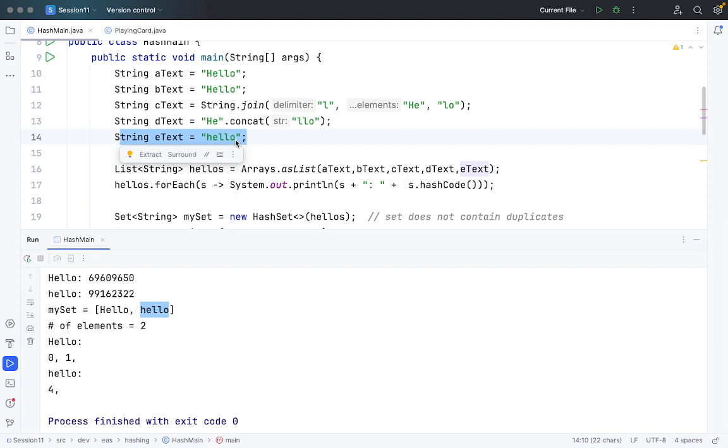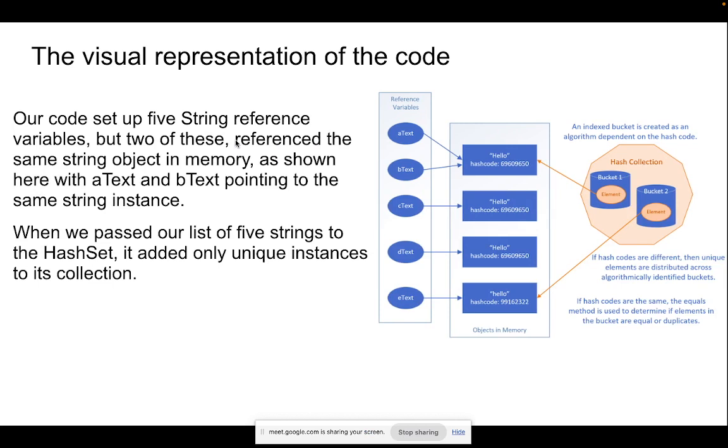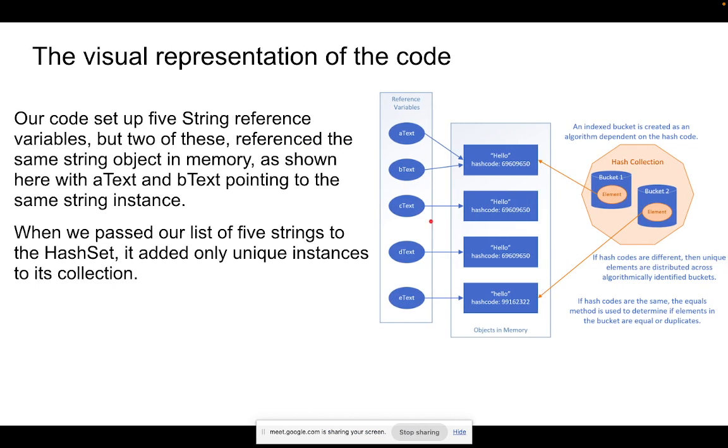So why is this happening? Let me go through this visual representation. This is the hellos list that we have here. It has A text, B text, C text, D text, E text.